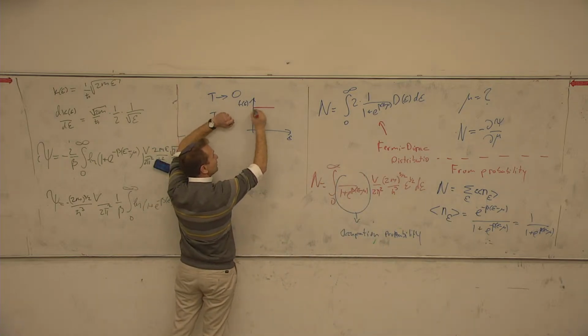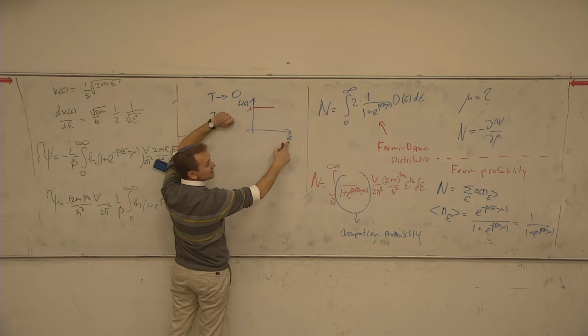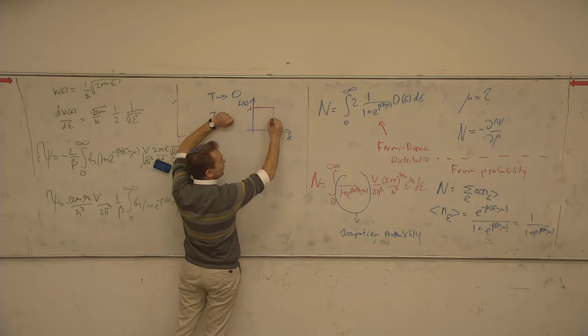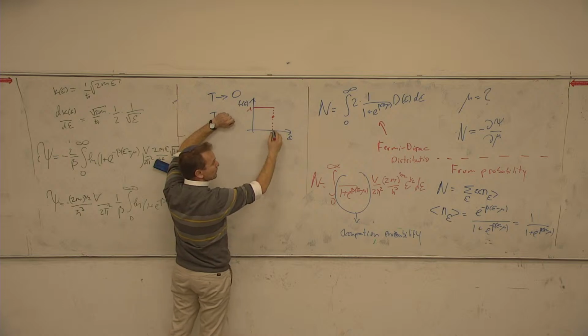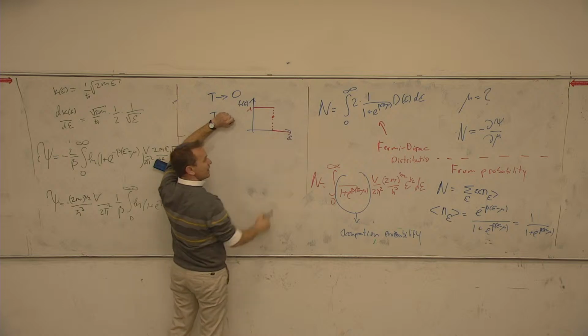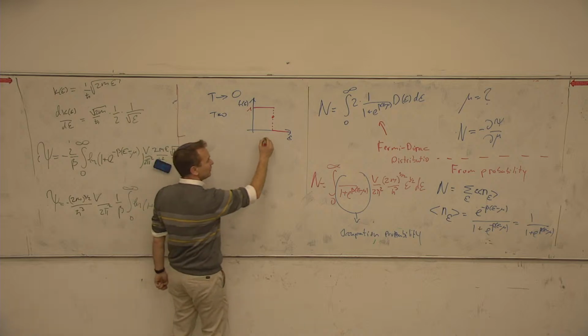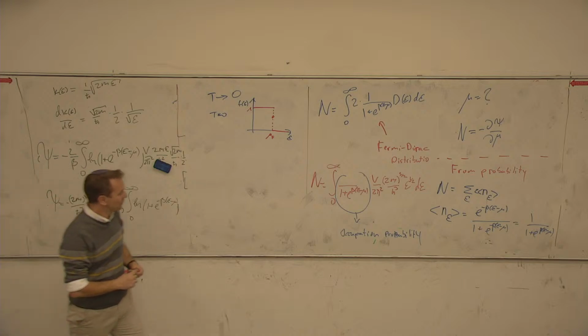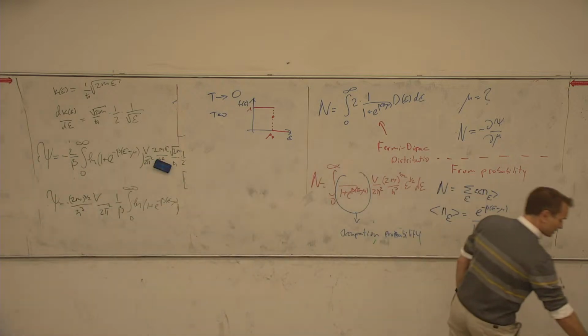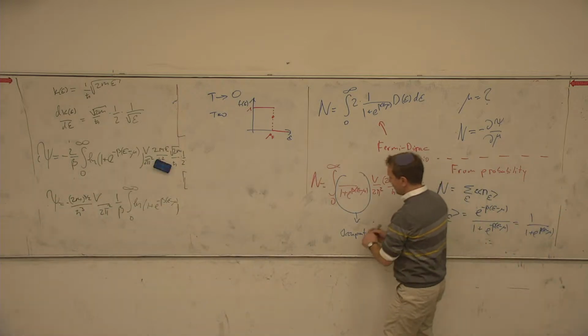It is 1 when epsilon is smaller than mu, it is half when epsilon equals mu, and it's 0 for any epsilon larger than mu. Let's call it mu Fermi.